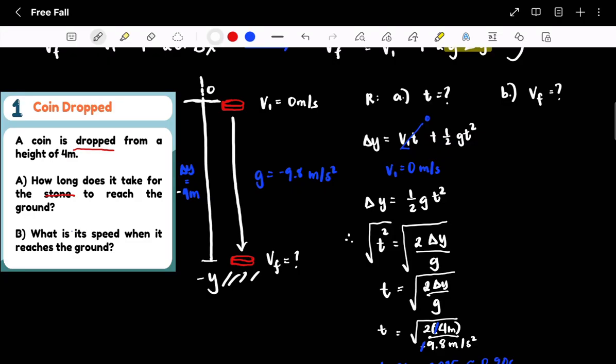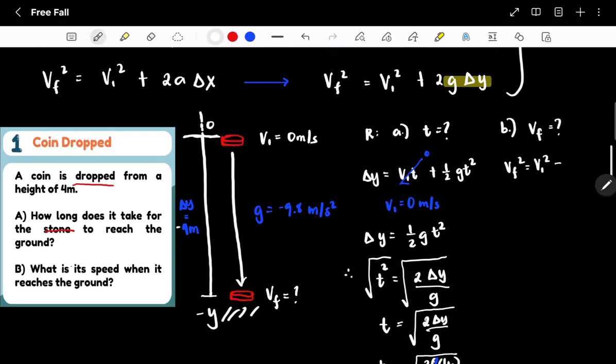Okay, so again, we will use the fourth kinematic equation, that is VF squared equals VI squared plus 2g delta Y. Okay, so we simplify the equation first. Again, the initial velocity is 0, so we can cancel this out of our equation, and our equation will become shorter.